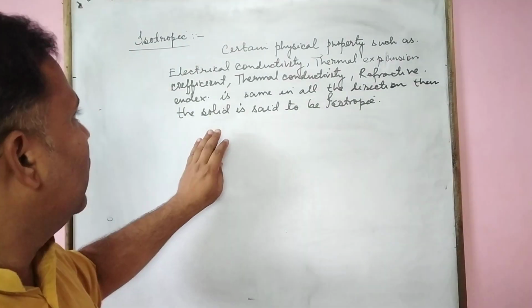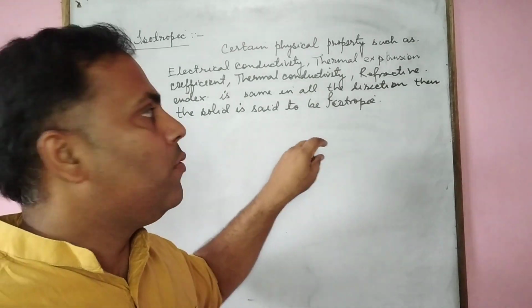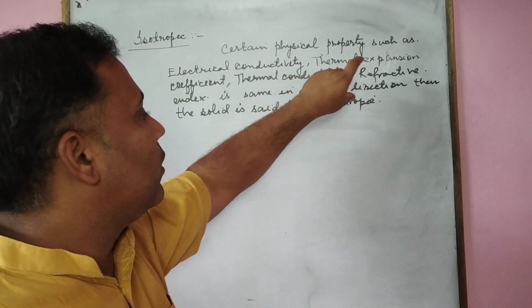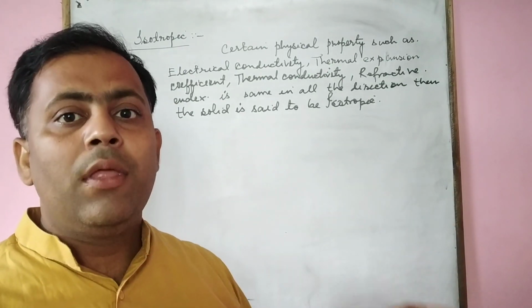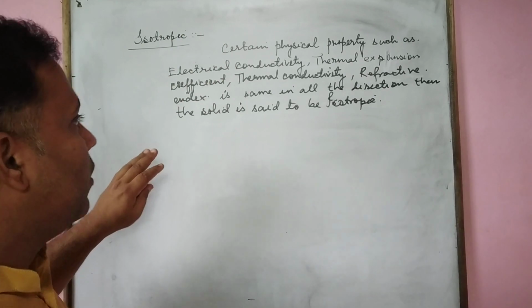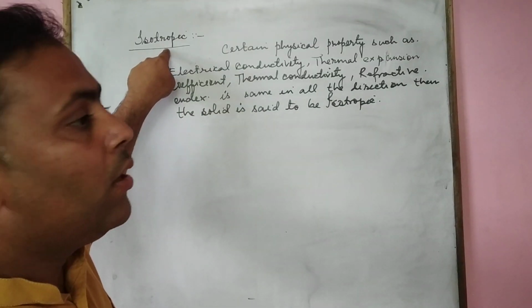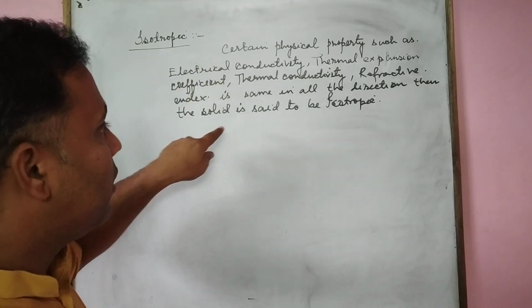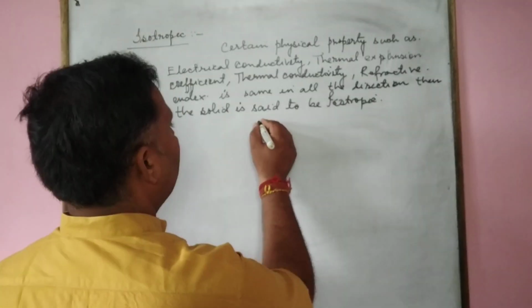Clear? It means if we have a solid and if we measure this physical property in different direction, and if it is same, then it is termed as isotropic property. The next one, isotropic property, it is found in amorphous solid. It is the characteristic of amorphous solid.